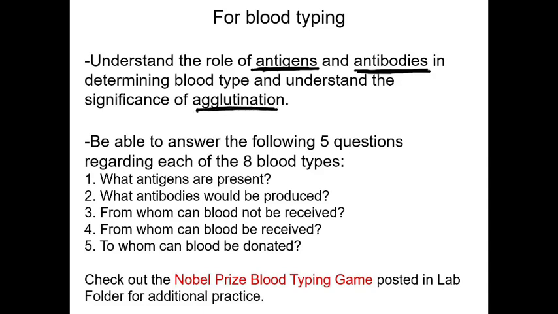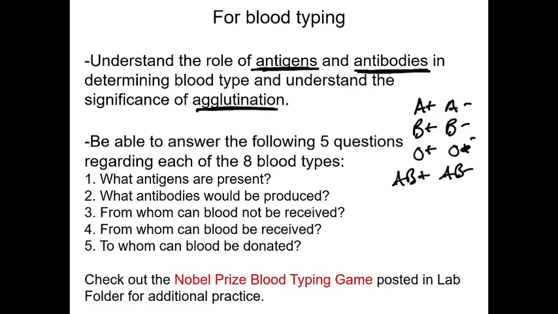So there are 8 different blood types. There's A positive, A negative, B positive, B negative, O positive, O negative, and then there's AB positive and AB negative. And here are the 5 questions I want you to be able to answer for each of the 8 blood types.